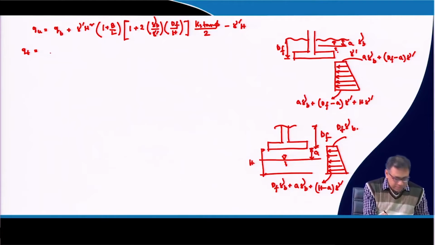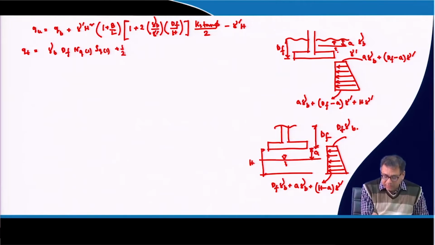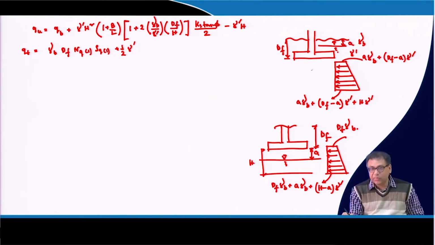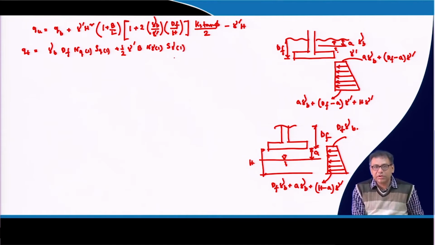So, this will be gamma bulk into df into Nq1 Sq1, because it is a rectangular footing, plus half gamma sub, because the water table below the base of the foundation is submerged, B N gamma 1, and remember that again this equation will be different if the position of the water table is different.